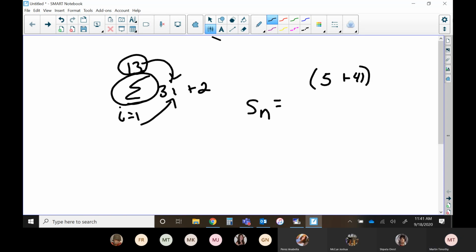And then, since I start at 1, you'll see why I keep looking at this. It's going to change in a second. Since I'm starting at 1 and going to 13, there are 13 terms, so I'm going to put 13 there and divide by 2.